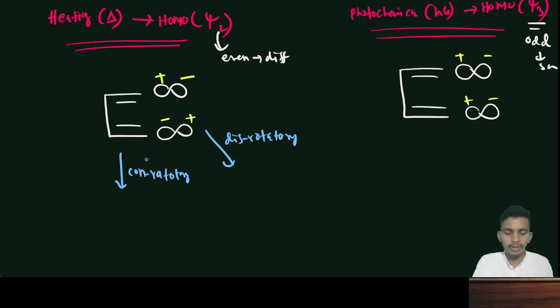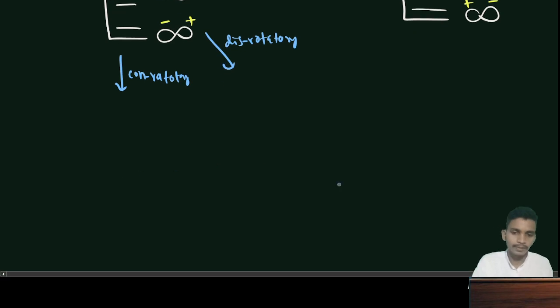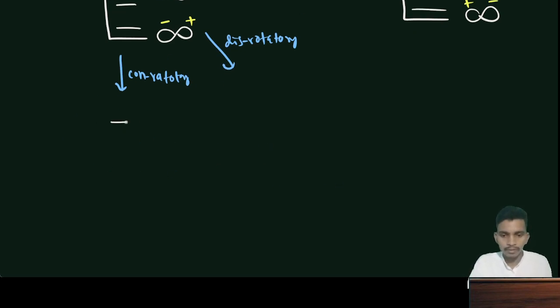We know that conrotatory means the same side we will rotate. So for conrotatory, if I am rotating this one clockwise, then I also have to rotate this one clockwise.